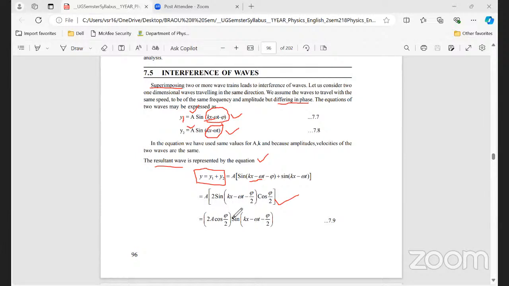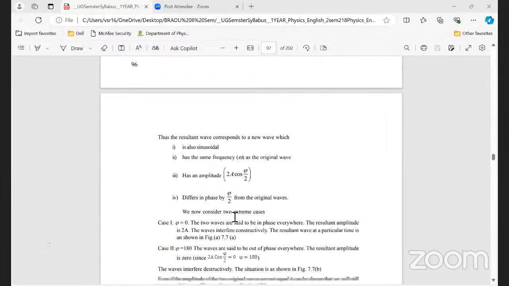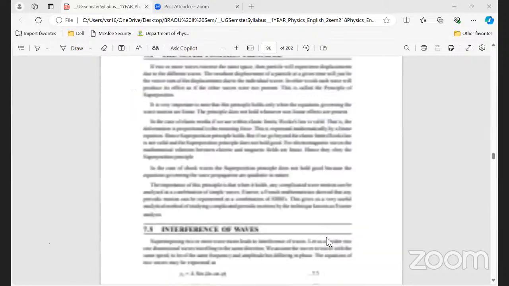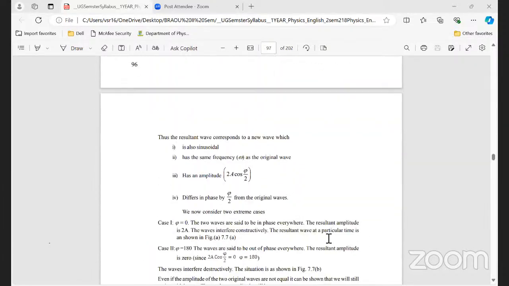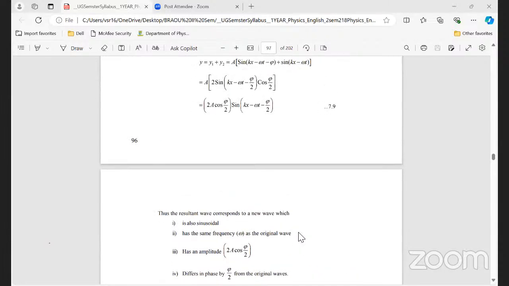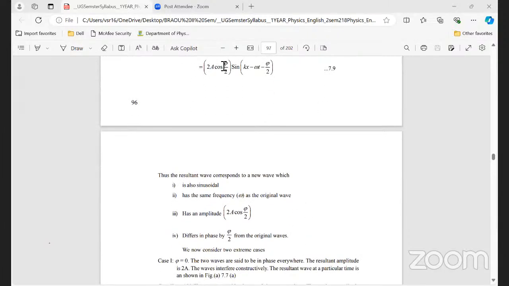There is a mistake also there; you can check it once. By multiplying with the separate term here, we get 2A cos(phi/2) into sin(kx minus omega t plus phi/2). So the resultant wave is also a sinusoidal sine wave, which has the same frequency omega, and the amplitude is 2A cos(phi/2), and it differs in phase.